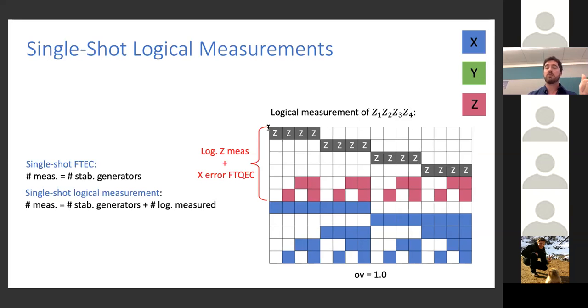First, you can extract the logical measurement, and second, you can run X error correction using the outcome of the logical measurement. And by doing that, you get a sequence of exactly 11 measurements to run error correction plus 1 logical measurement. So this is again single shot. This is an overhead of 1.